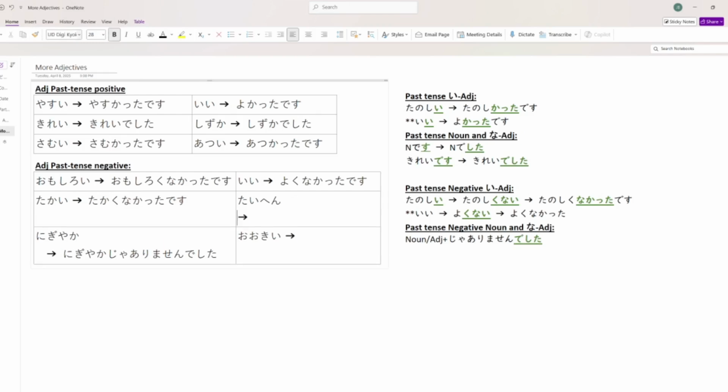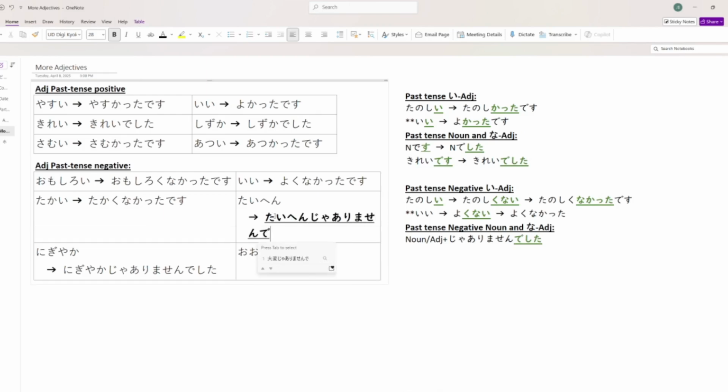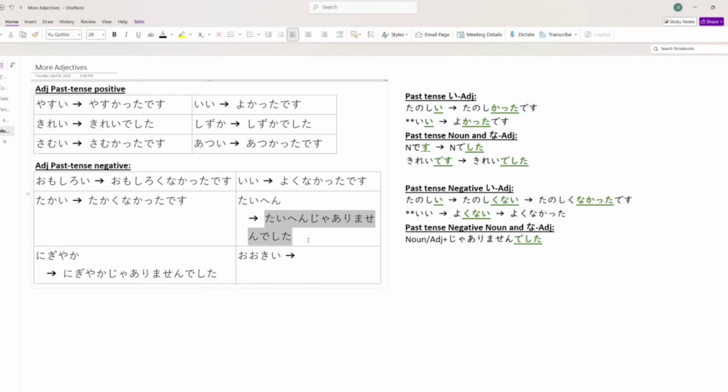大変 Taihen. This is a noun, correct? This is a non-adjective. Okay. Then Taihen ja arimasen deshita. Yeah. This is just going to have to bleed over into the next line. And that's going to be okay.